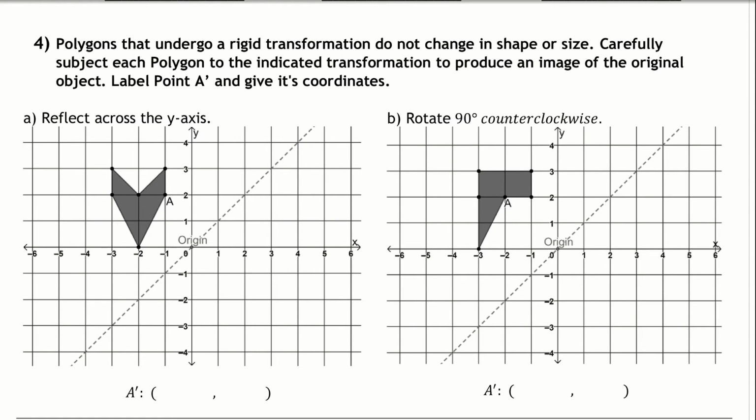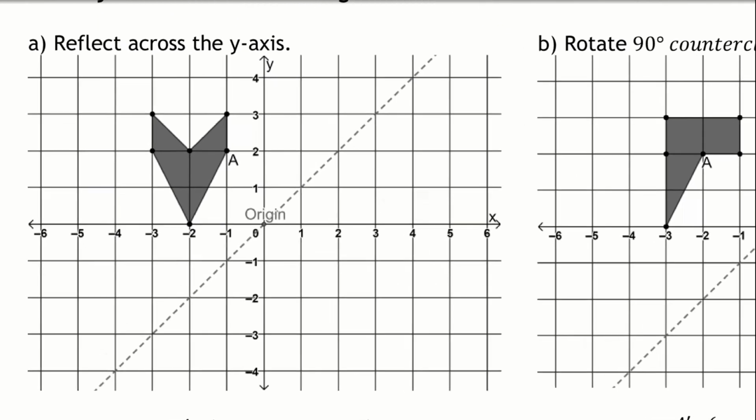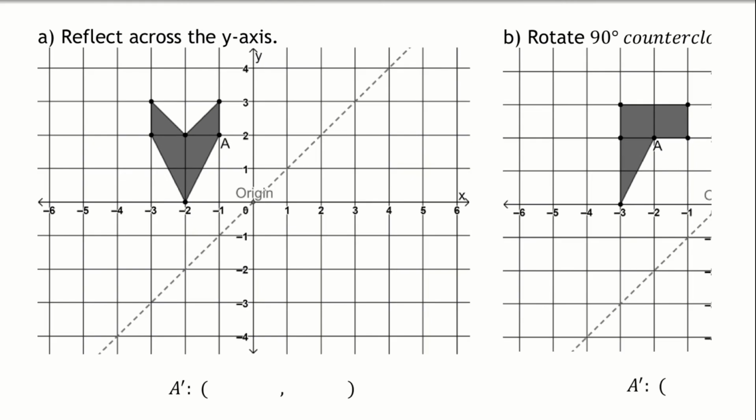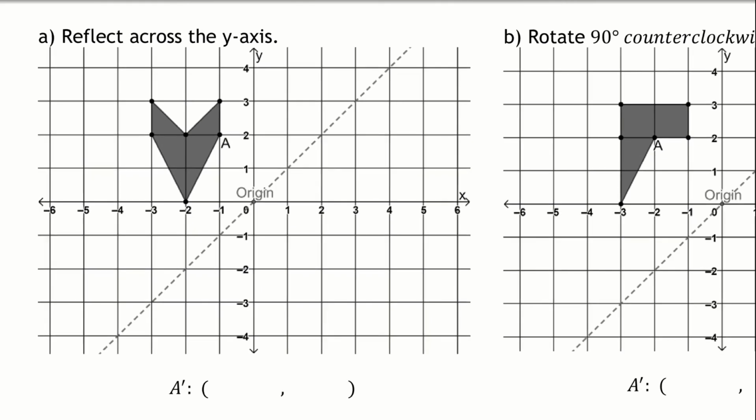For part A, we are asked to reflect the shape across the y-axis. So this is my y-axis. When I reflect, the distance from a point to its image is always equal.